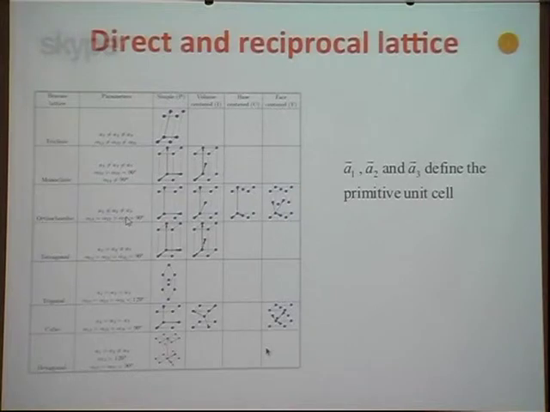Forgive me, the first two or three slides are really self-explanatory, but the framework that we are dealing with is that of solid-state physics. And we are always going to think of calculations done in periodic boundary conditions.